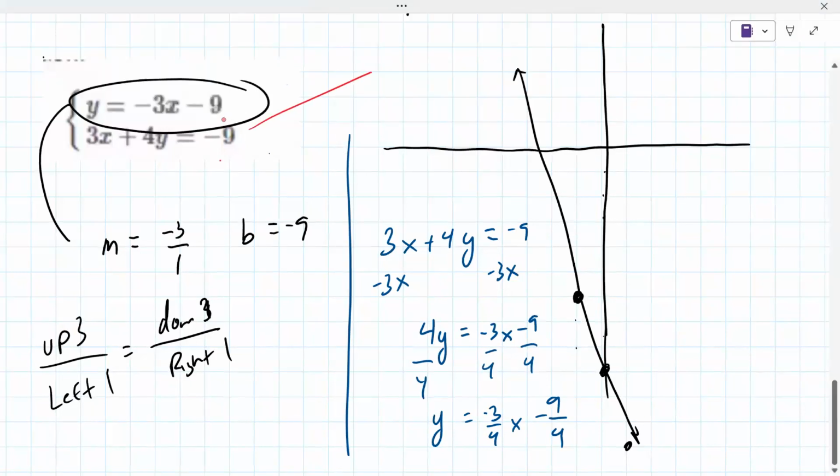I'm going to pick that x is 1, and then you find that y ends up being -3. So we're going to plot that point 1, -3 like that. And then we're going to use this slope here, -3/4, to go down 3 and then right 4.